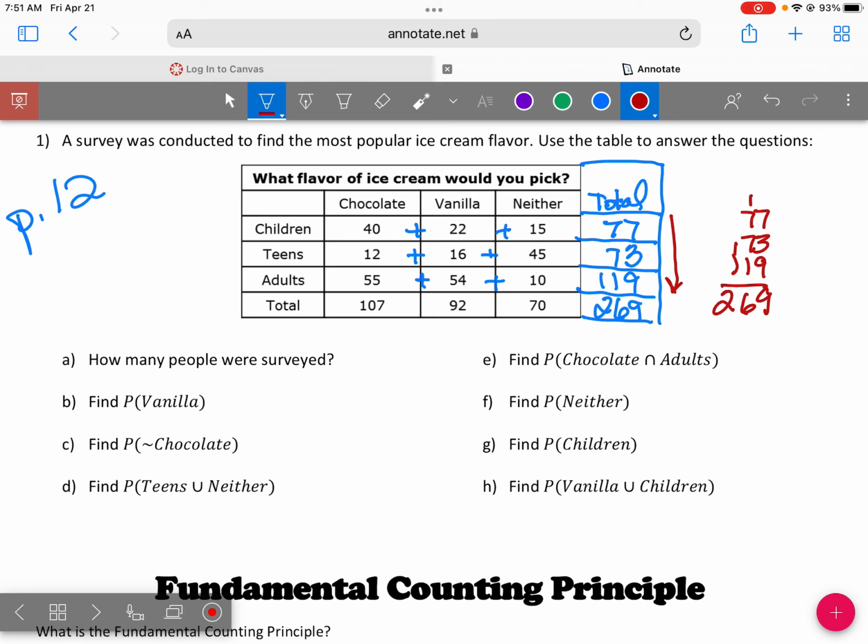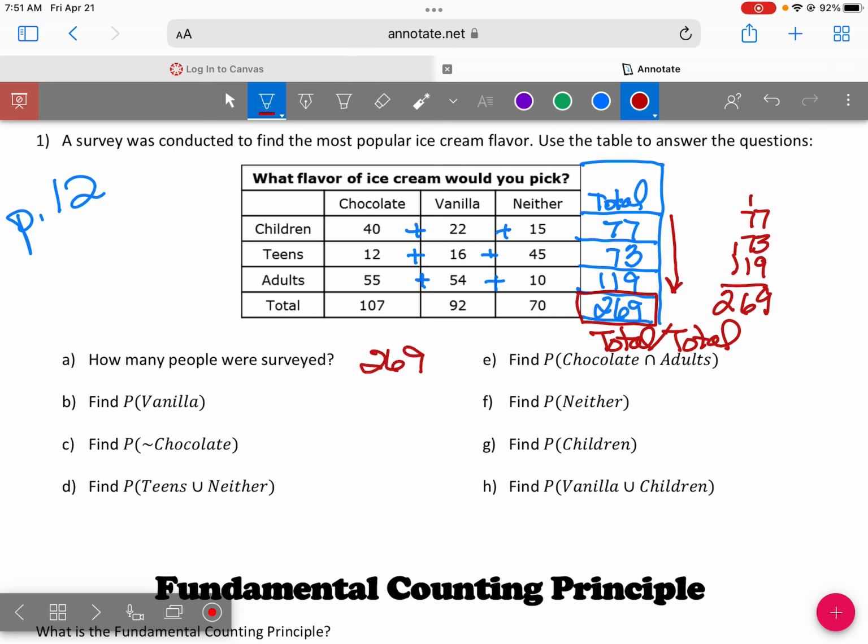All right, so let's try to answer these questions. Letter A, how many people were surveyed altogether? 269. Very good. That's my total. And again, you're always going to find that in the lower right-hand corner.